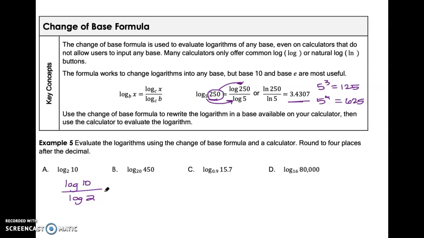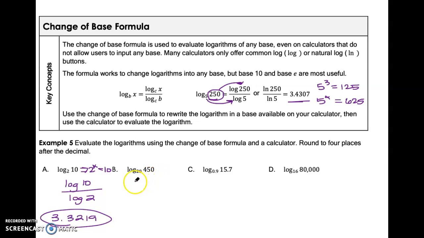They want our answer to 4 decimal places, so 3.3219 is our answer. And again, this is the same as 2 to some power is going to be equal to 10. So we know that 2 to the third power is 8, and 2 to the fourth power is 16, and 10 is in between those two numbers, so our exponent should be in between 3 and 4.